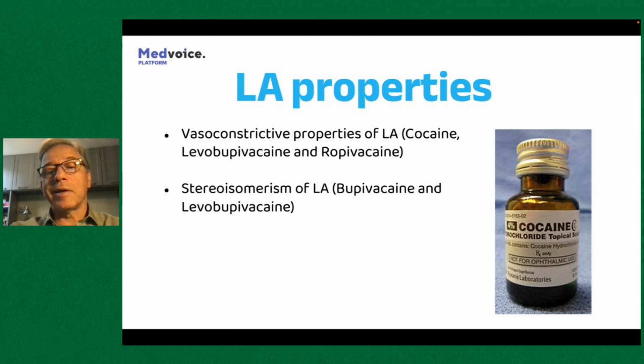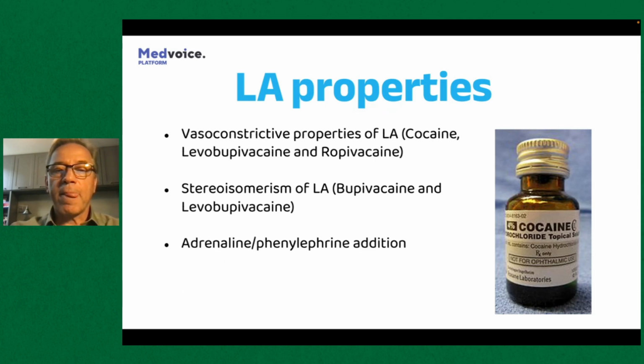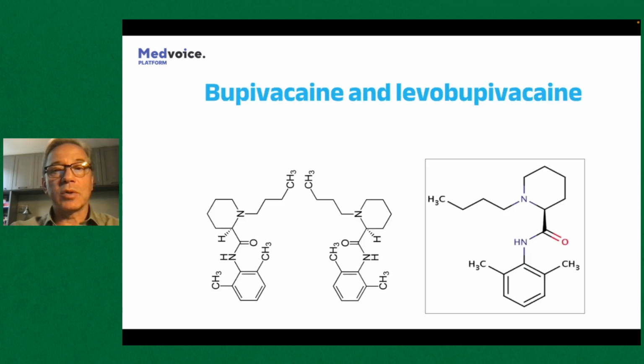Also, there are differences in stereoisomerism of local anesthetics, for example, between bupivacaine and levobupivacaine, which is only one isomer, as you know, of bupivacaine. And adding adrenaline, epinephrine into the local anesthetic solution also has an effect on development of local anesthetic systemic toxicity.